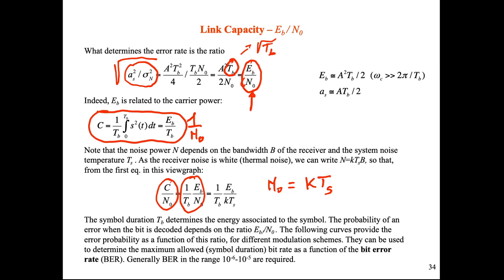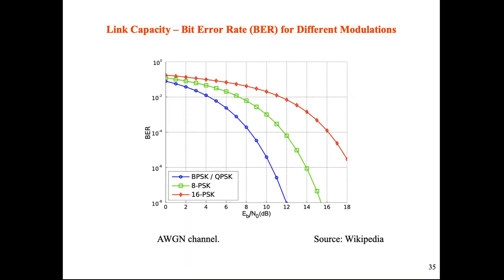So the quantity energy per bit over N0, which is the ratio between the variance of the signal, let us say, over the variance of the noise, determines the number of errors that the demodulator can commit. And we saw what the relation is. Bear in mind this curve, the blue curve, which applies to binary phase shift keying.